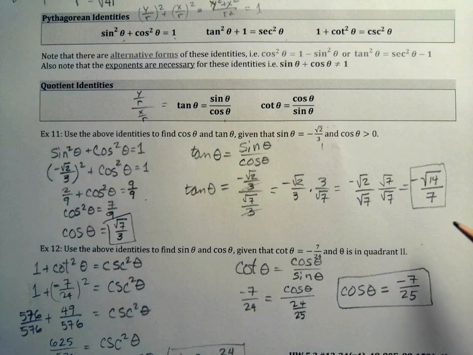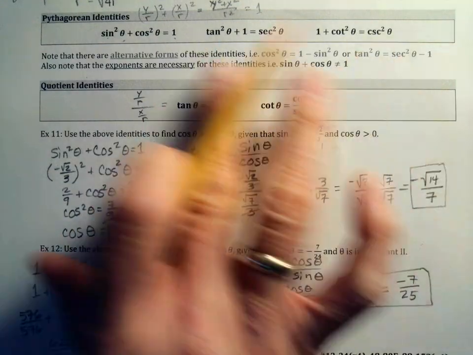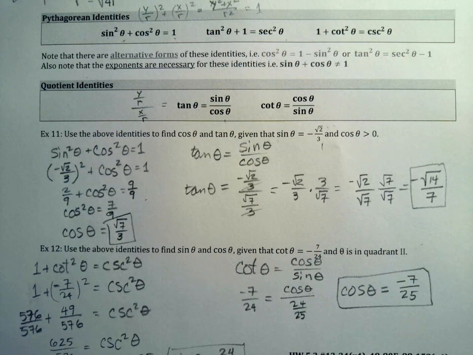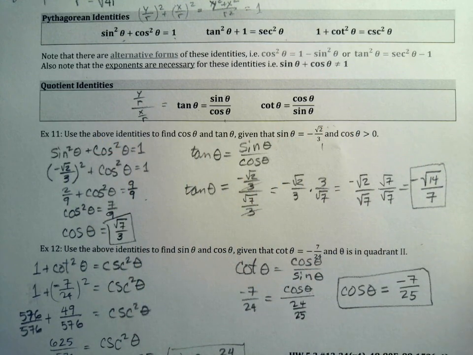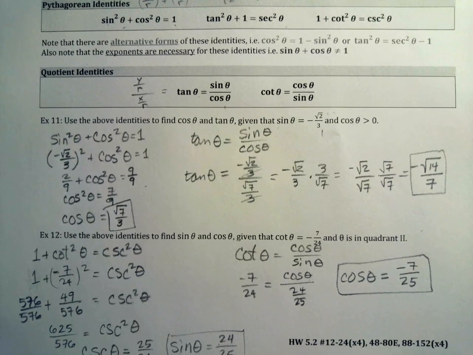That would probably be the easier method. But here they're just asking us to practice these identities. On a quiz or test, I don't know that I would tell you which method, so you could use the identities, or you could just draw a triangle on the unit circle. Totally up to you.